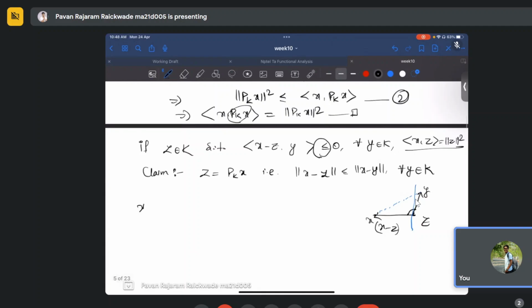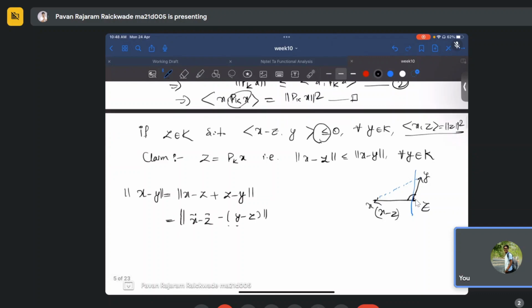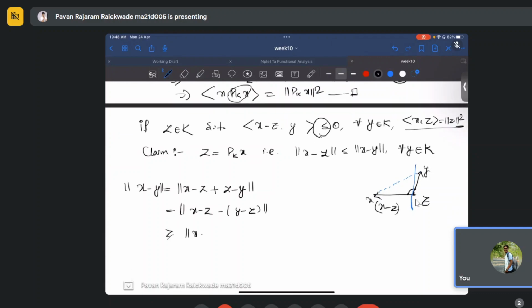Okay, so let's see how we can write X minus Z. We'll start with X minus Y maybe. X minus Y equals X minus Z plus Z minus Y. Or we can write it as X minus Z minus (Y minus Z), and we want to show its norm is greater than or equal to norm X minus Z. Let's go with squares.